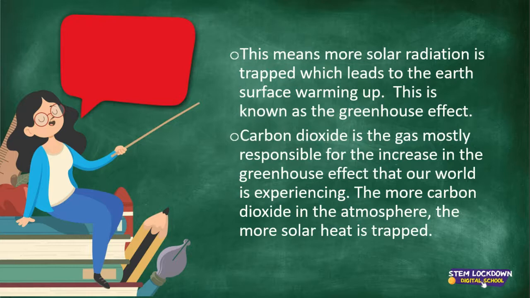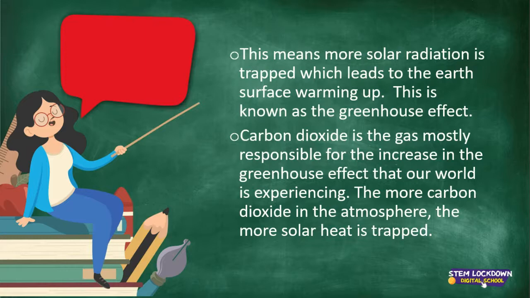Second bullet point, carbon dioxide is a gas mostly responsible for the increase in the greenhouse effect. So carbon dioxide is the most important gas. This is the gas that the sun regulates, but we are doing things that make sure that there's more carbon dioxide than is actually needed in the system.